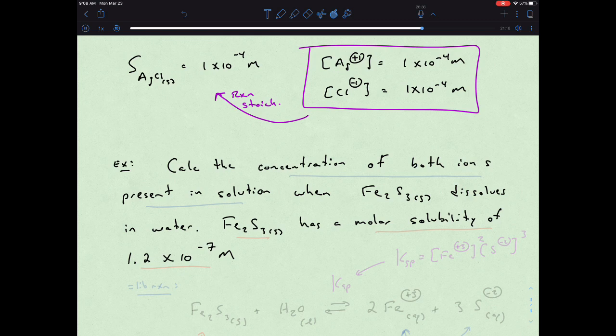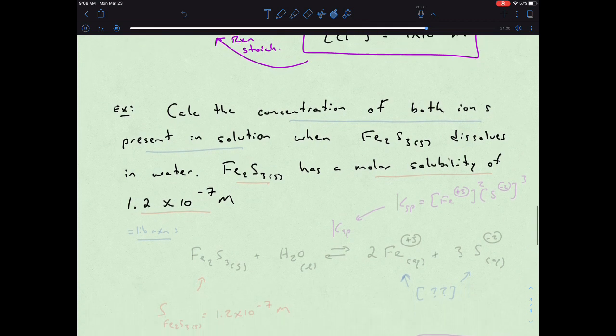We want to calculate the concentration of both ions present in solution when ferric sulfide dissolves in water. Ferric sulfide has a molar solubility of 1.2 times 10 to the negative 7th molar.